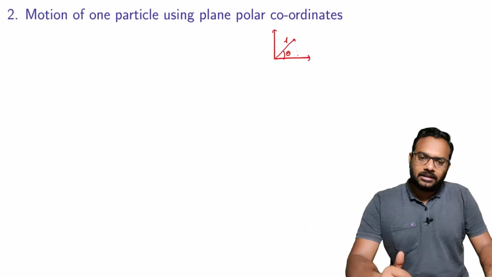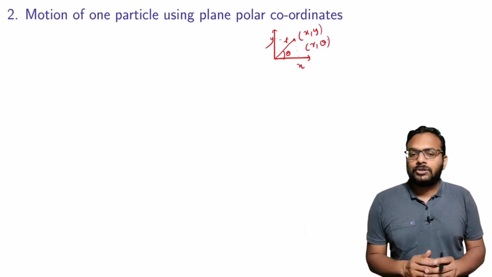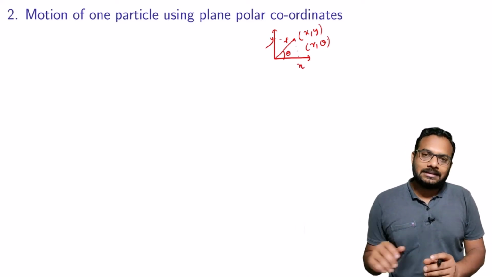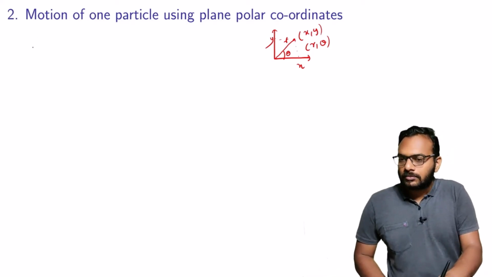You can alternatively use x and y. So the same point can be written in Cartesian coordinates as x comma y or r comma theta using the plane polar coordinates. Now we are supposed to use the plane polar coordinates as the generalized coordinates. And this is instructive.